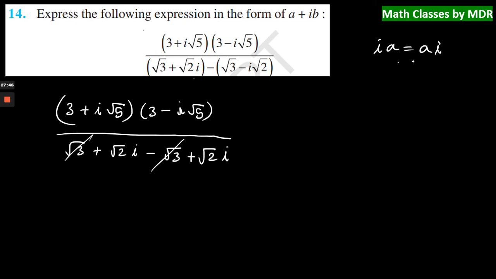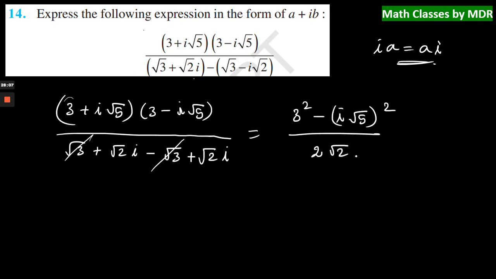So it is 2 root 2i in the denominator. The numerator is (a plus b) into (a minus b), that is a square minus b square, where in place of a we have 3 and in place of b we have i root 5.